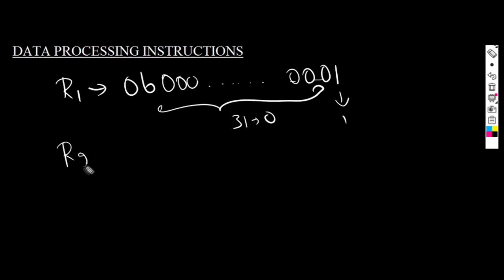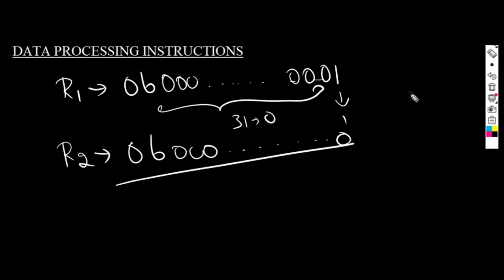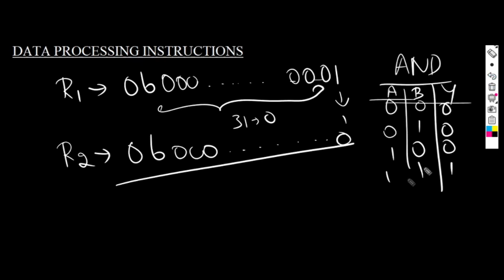And let's assume R2 is 0b000, everything is 0. Then what will happen? It is nothing but performing an AND operation between 1 and 0. What do you know about the AND operation? Only if both the inputs are 1, the output is 1, because of which the answer will be 0.